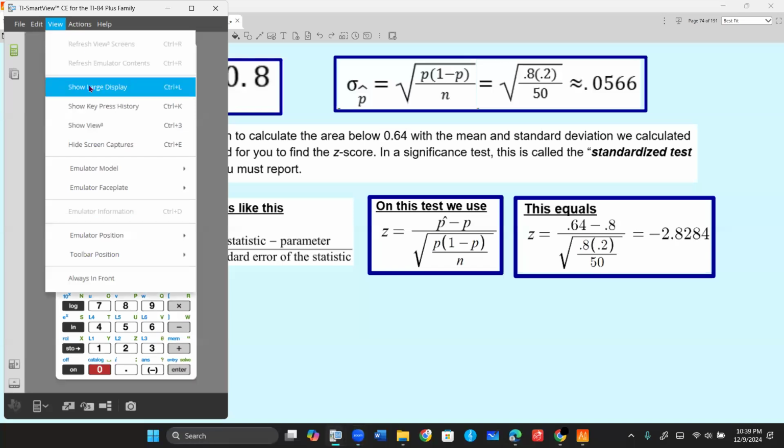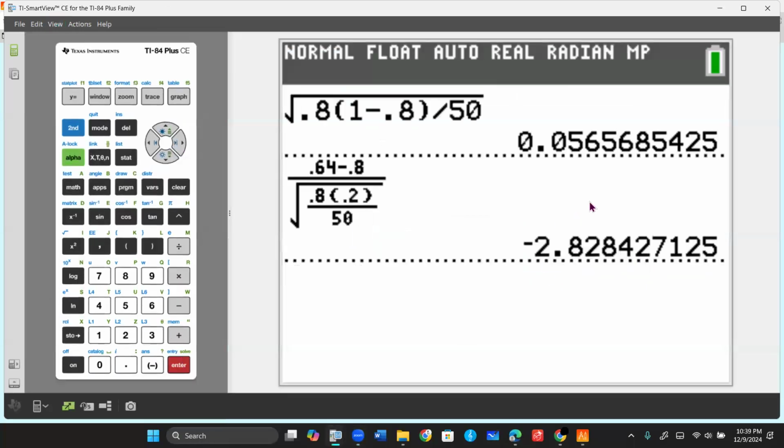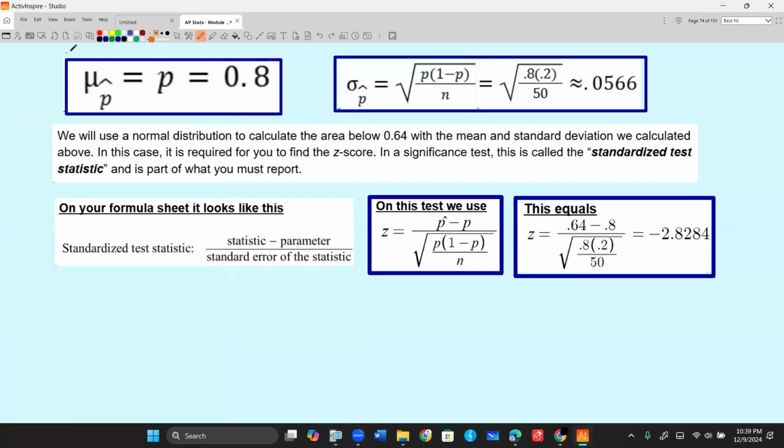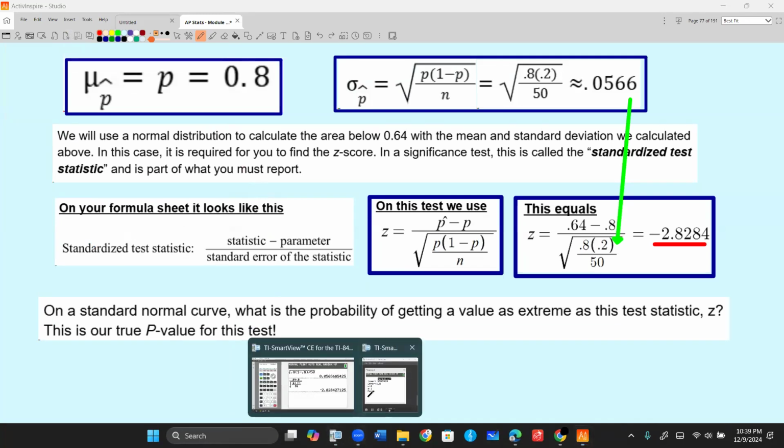Let me show that a little bit larger. And that's going to be your test statistic. That's going to be your z-score. And what we do with that z-score is we calculate a p-value from there. So once we have our z-score, we can figure out what's the likelihood of getting a value as extreme or more extreme in that direction.